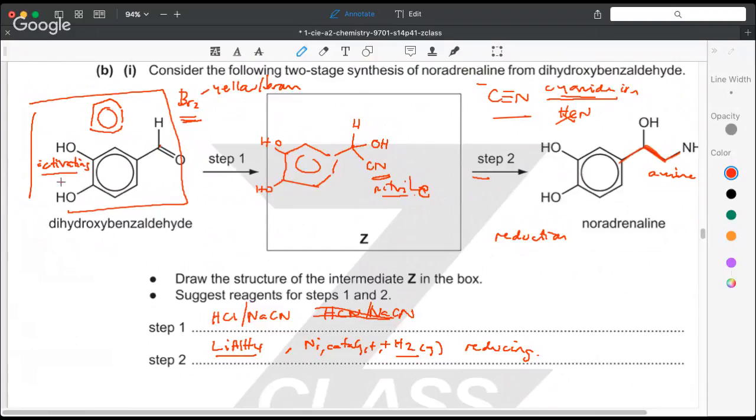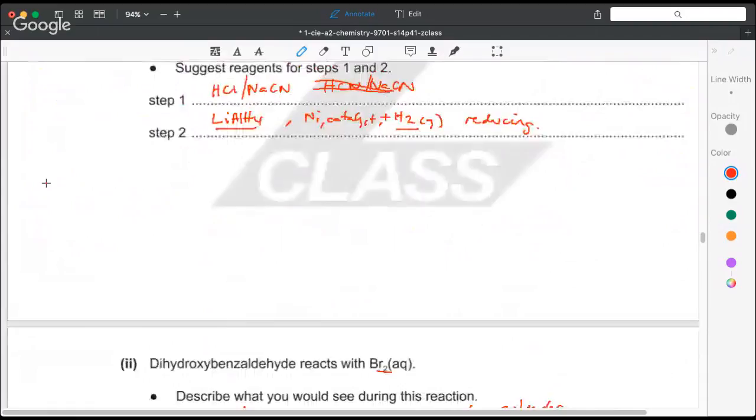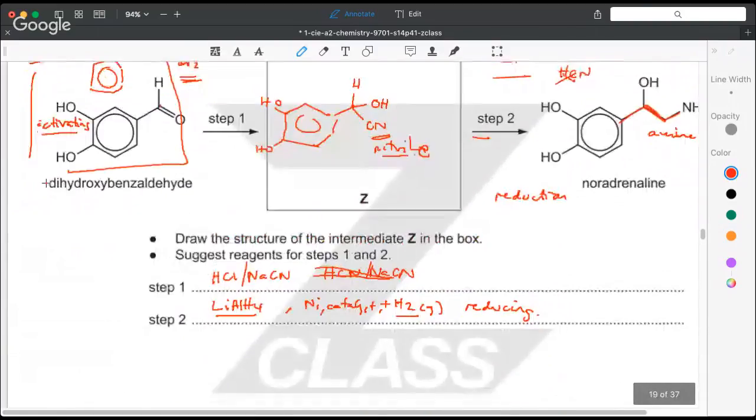And if you look in your data book, they actually give you which are the activating groups and which are the deactivating groups. So this is just something you can look up in your data book, because these activating groups mean that you'll activate the O position, short for ortho.